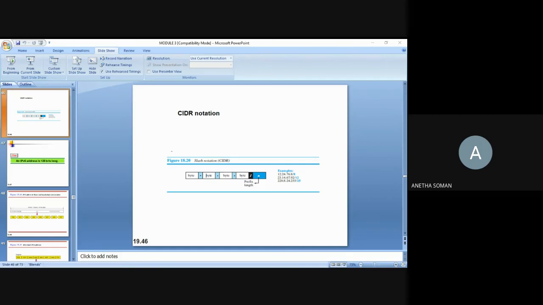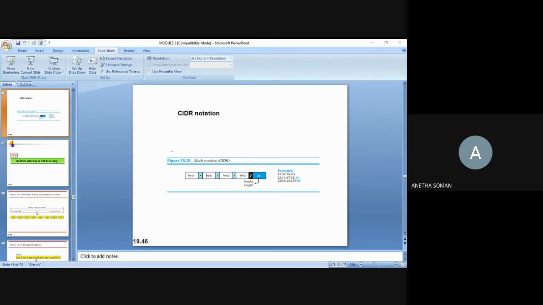Those drawbacks were completely eliminated by the internet service providers when they became famous, and they found a new architecture called the classless addressing scheme. In classless addressing, rather than fixed size blocks, you have variable size blocks.